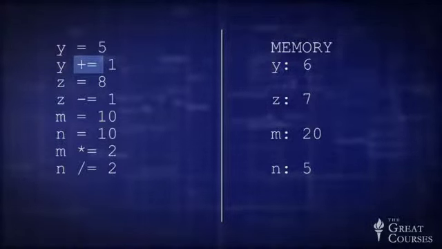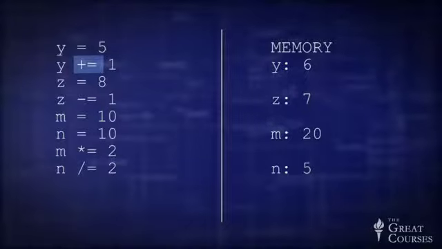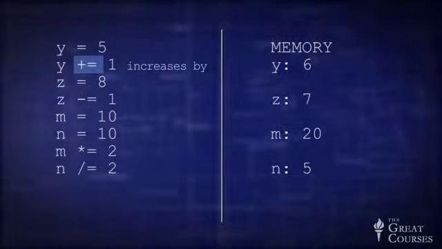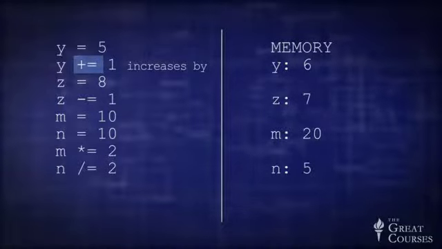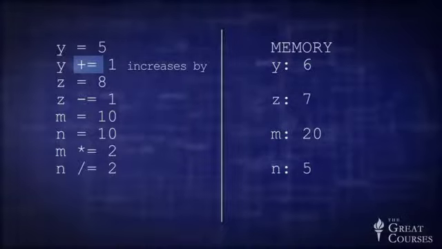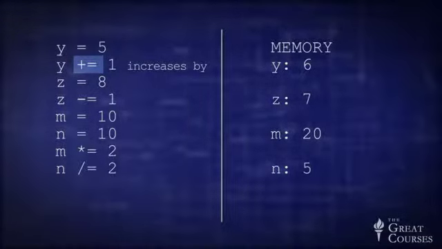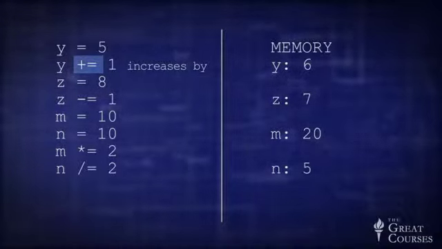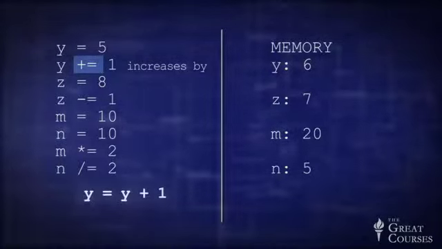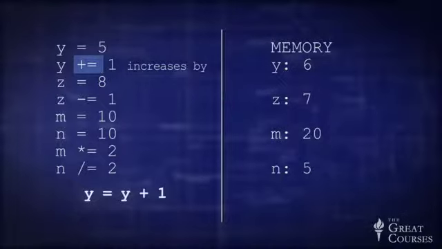The plus equals symbol gives us another type of assignment operator that we can call increases by. But in this case, it computes the right-hand side, and instead of just placing that value into the variable on the left, it adds it to the left-hand side. This command, y increases by 1, means the same thing as if we had written y is assigned y plus 1.